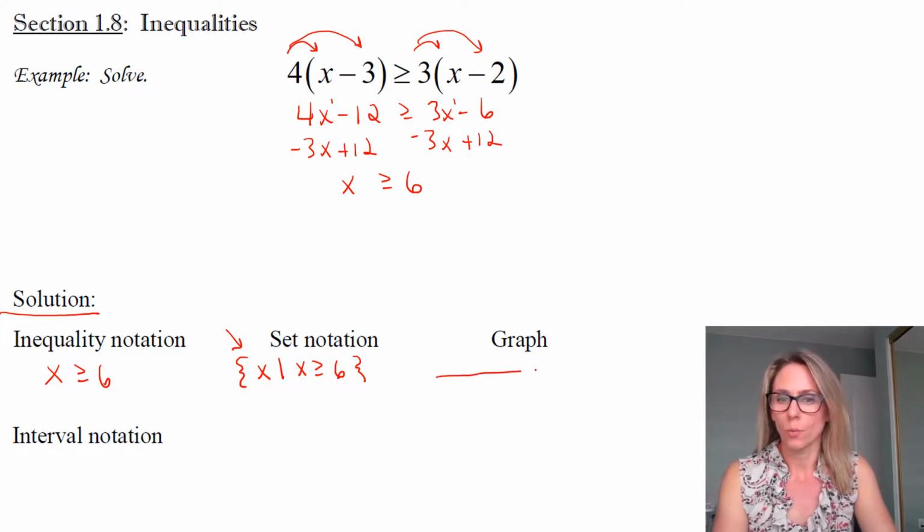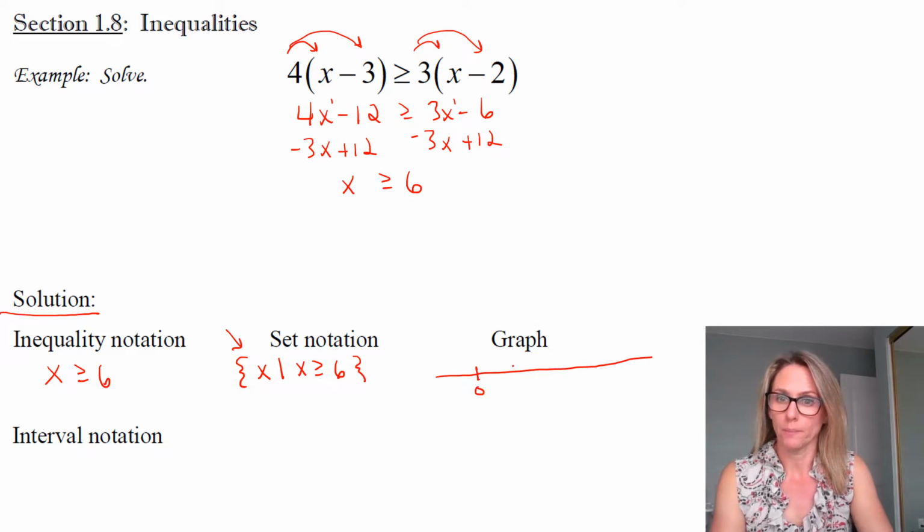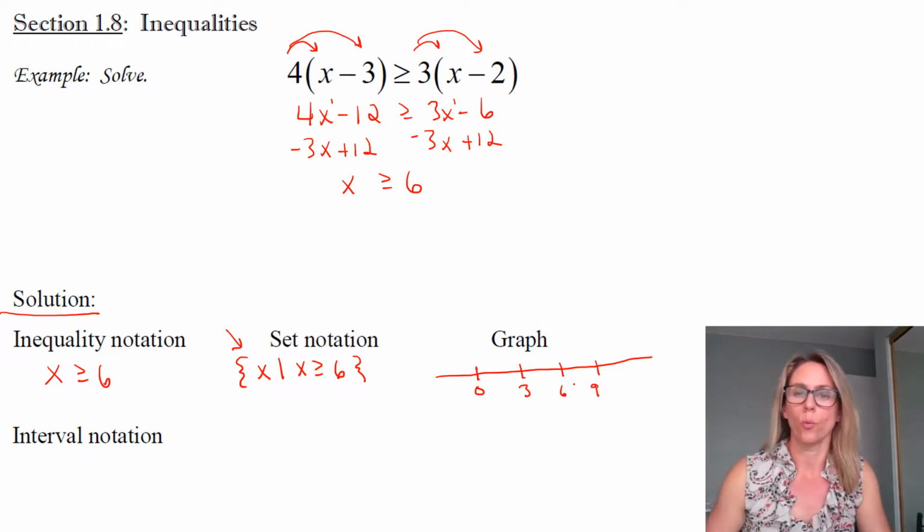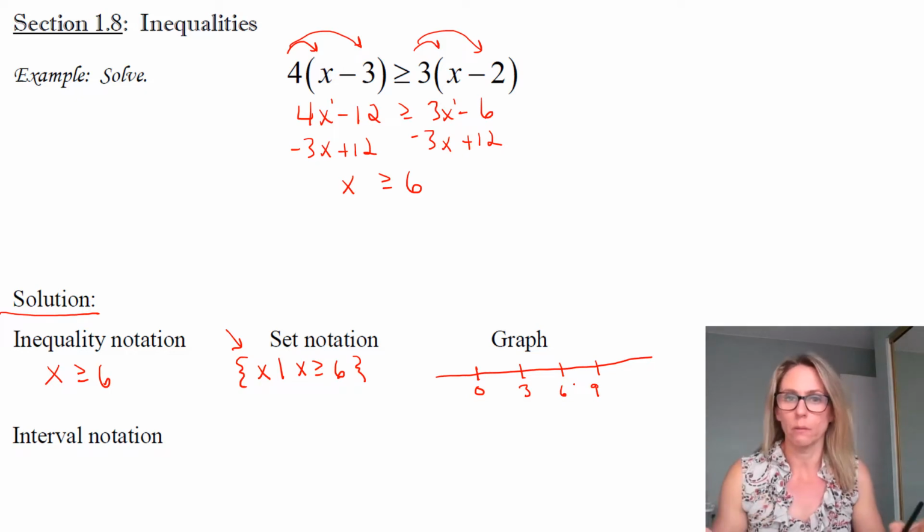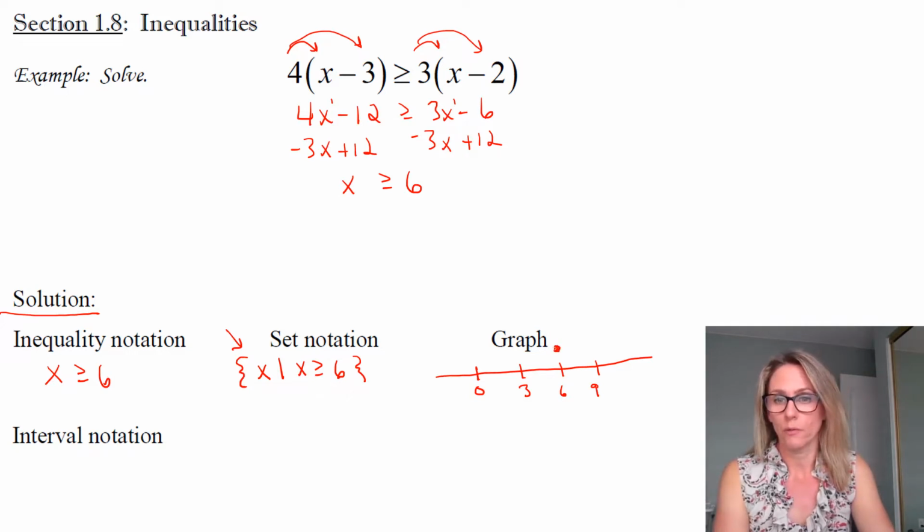Graphically, we really just want to, that's not a straight line, but it's okay. I'm just going to put a few values here on a number line. That's the idea. And on a number line, what we do is we're just showing graphically with a line what solutions make this inequality true. So we're going to start at 6. I'll put a filled in circle.